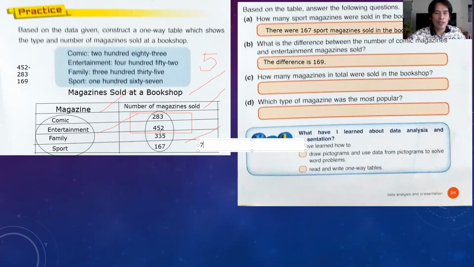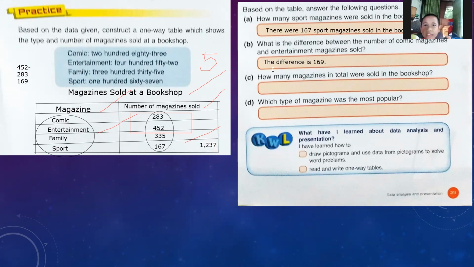Plus 7, 23. So 23. Carry 2. 2 plus 2, 4. 4 plus 4, 8. 8 plus 3, 11. 1,237. Am I correct, child?